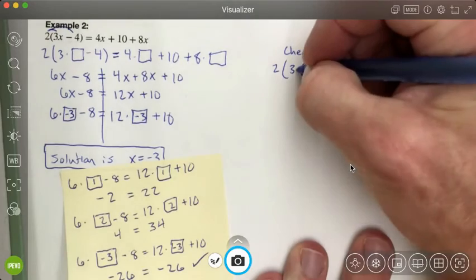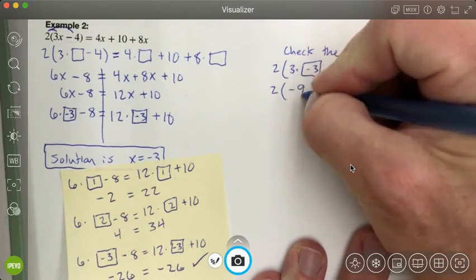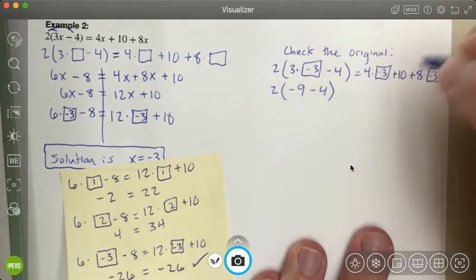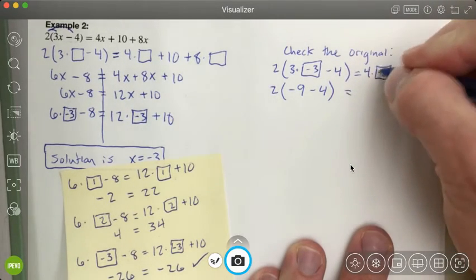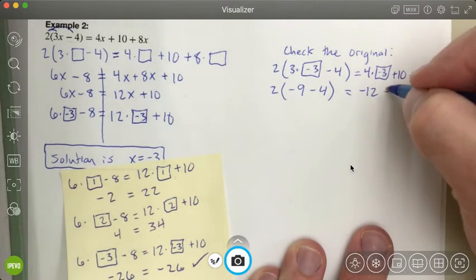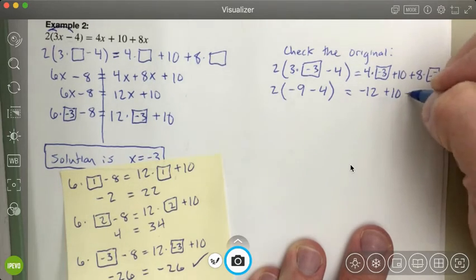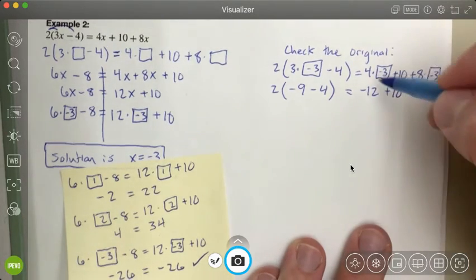So I'm going to do inside my parentheses here. So 3 times -3 would be -9 minus 4. 4 times -3 on this side is going to be -12 plus 10. 8 times -3 is going to be -24.